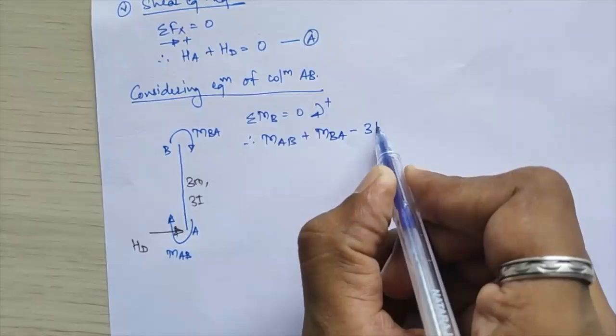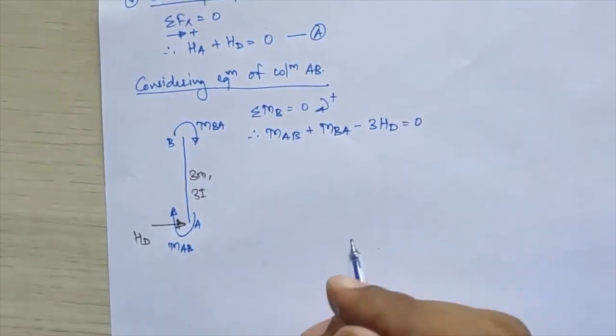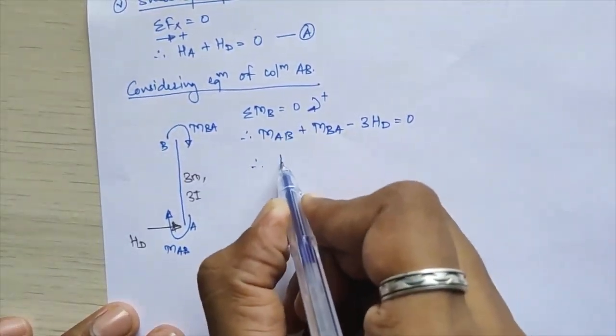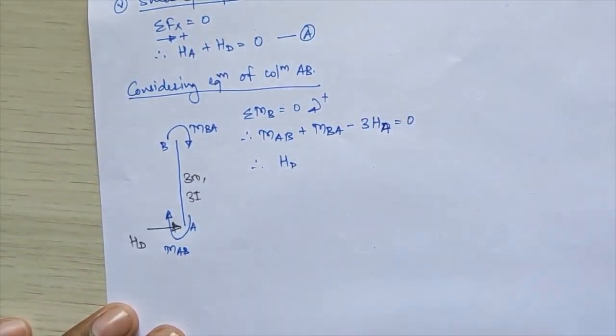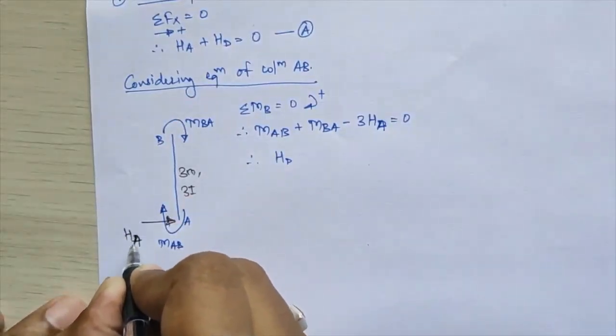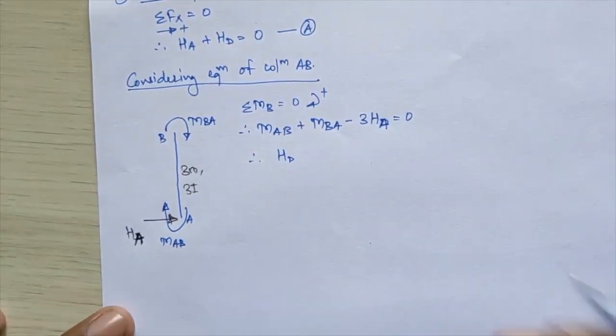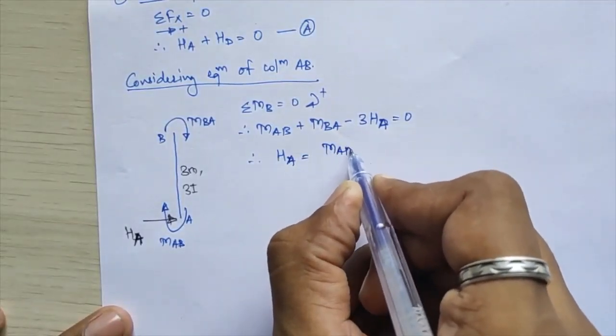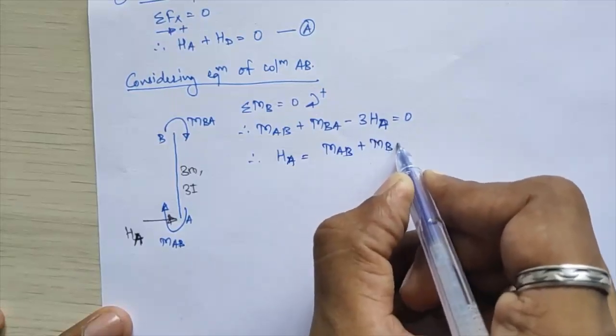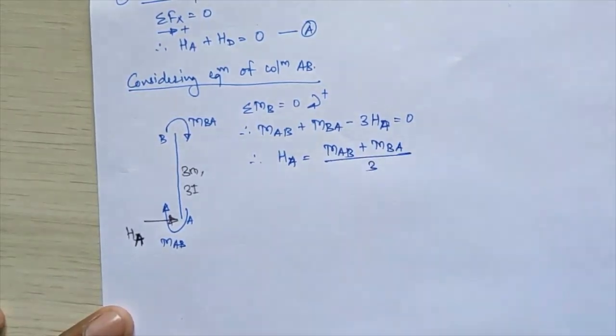So 3 times HA is equal to 0. Sorry, I made a mistake here, this is HA. So I'm getting HA as MAB plus MBA divided by 3.